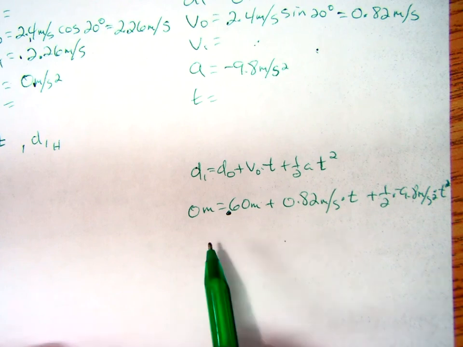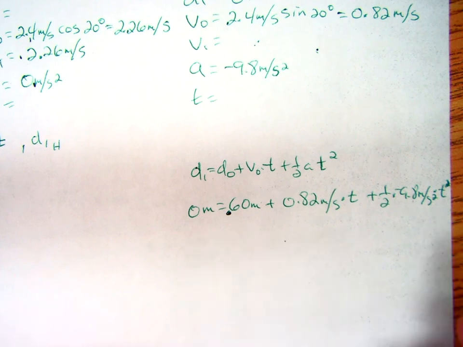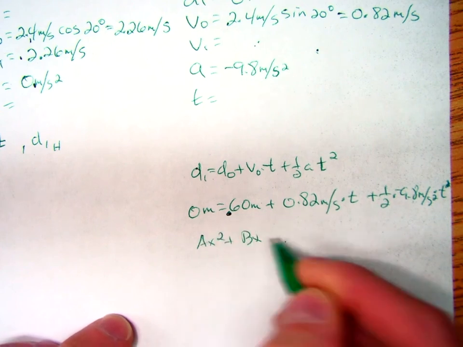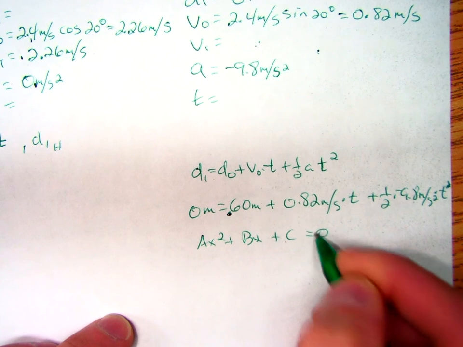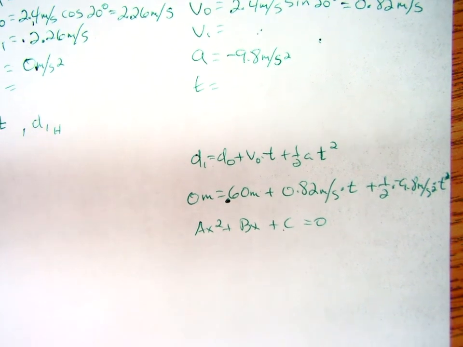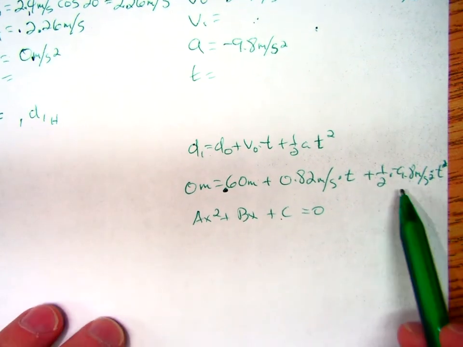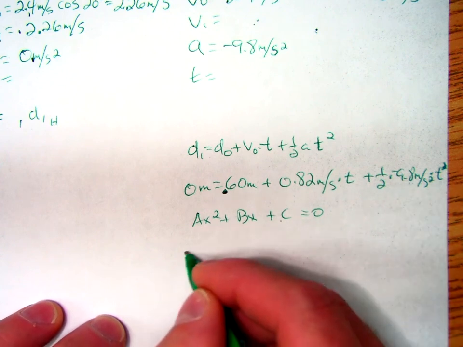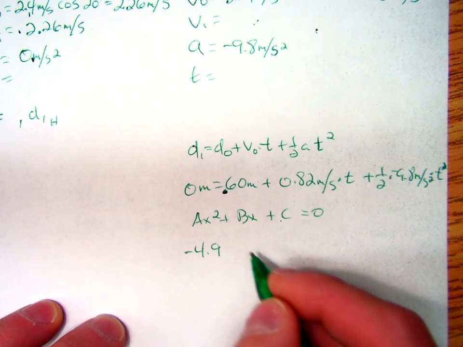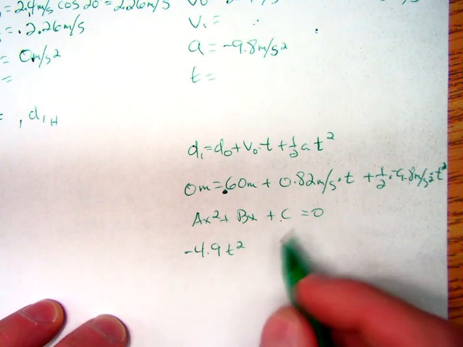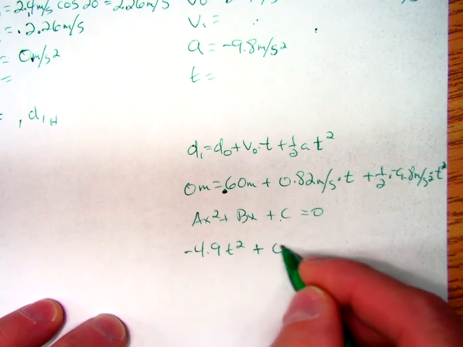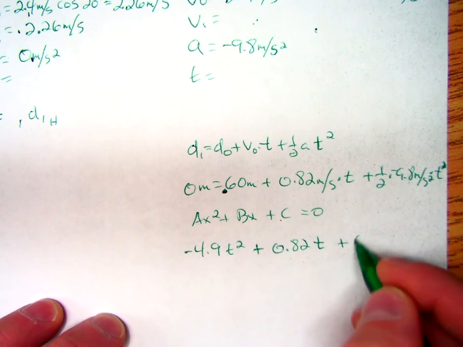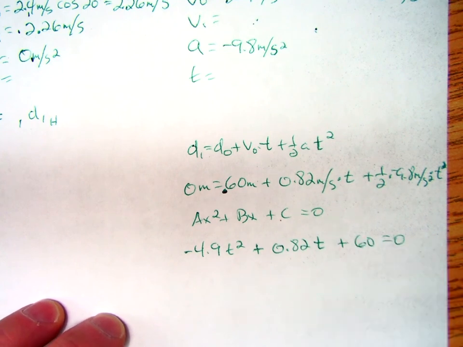Okay, so we're going to rewrite this in terms of ax squared plus bx plus c equals 0. We're going to define our a's, b's, and c's. So in this case, I'm going to rewrite 1/2 times minus 9.8 as minus 4.9 t squared plus 0.82t plus 0.6 equals 0.